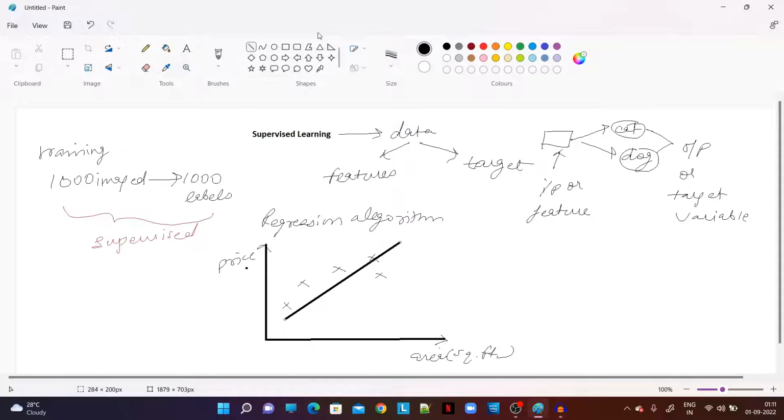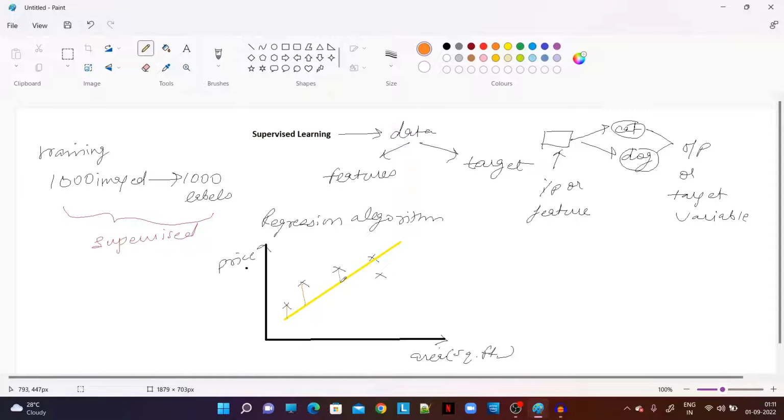Basically, the machine learning algorithm finds the line such that the distance between the true value, which is the ground truth point, and the predicted value, the point on the line, is minimum.